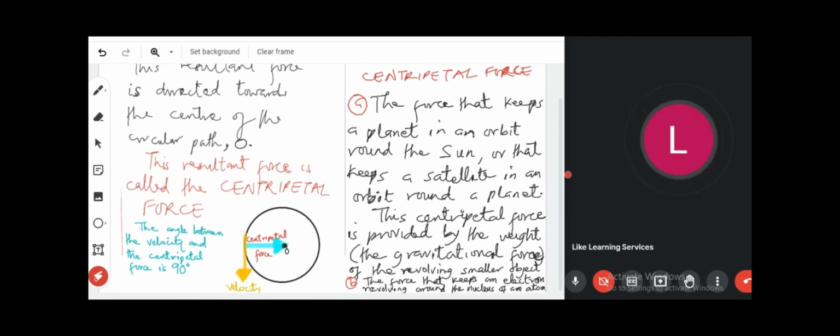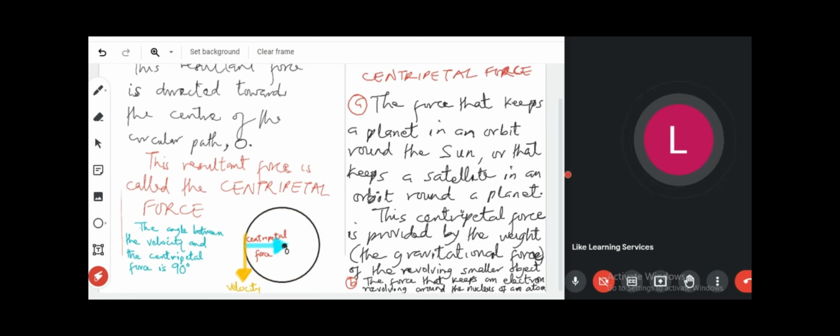For instance, when a planet is moving around the sun, it is as a result of the centripetal force between the planet and the sun. The sun is at the center of the circular path and the planet is moving around it.